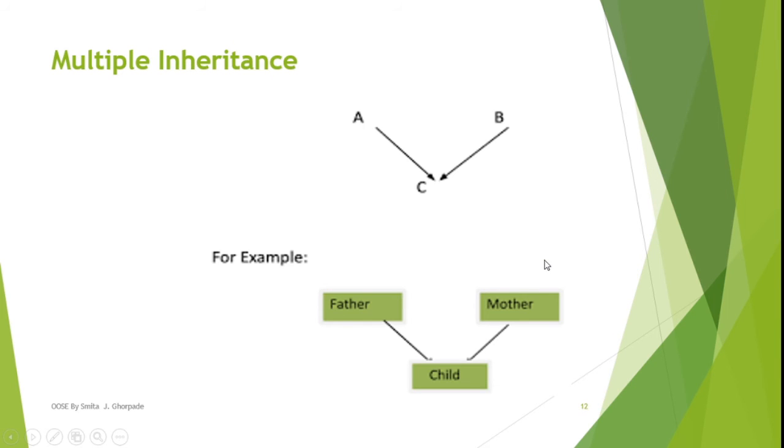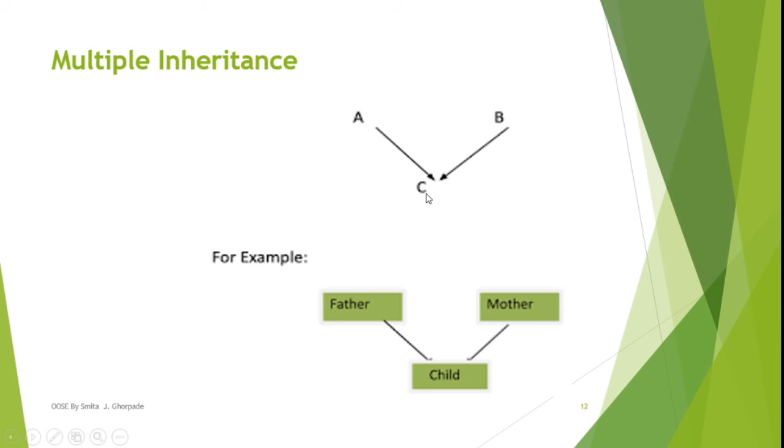Then the second type of inheritance is multiple inheritance. In multiple inheritance there is more than one base class and a single child class. For example, A and B are two parent classes or base classes, and from them a new class is derived, called the C class.